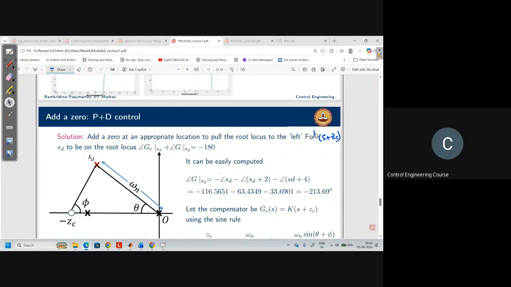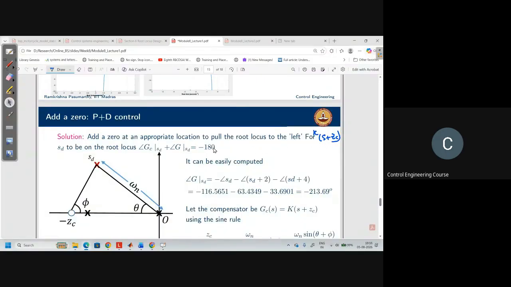This is your proportional derivative controller. So here, how do you choose zc so that we will have the desired pole as your dominant pole, and all the remaining poles are away from the root locus? That is our target, right?